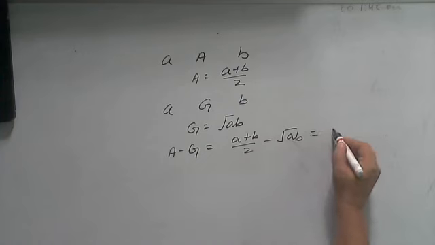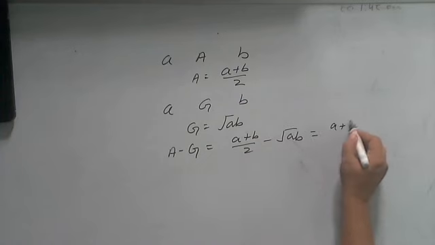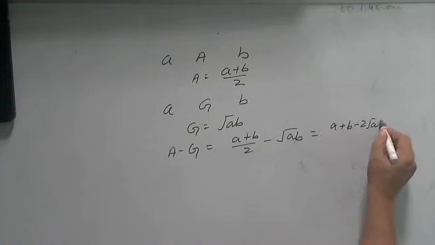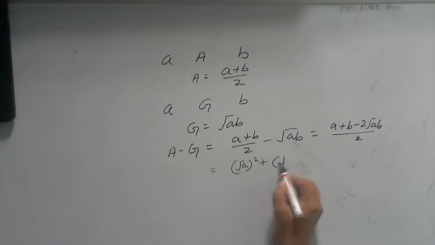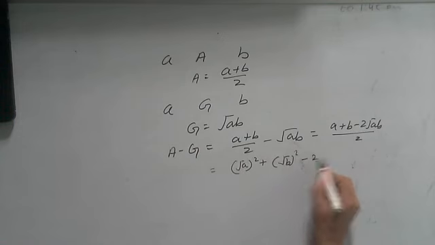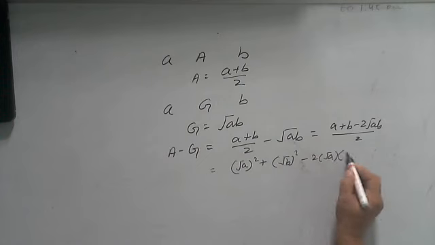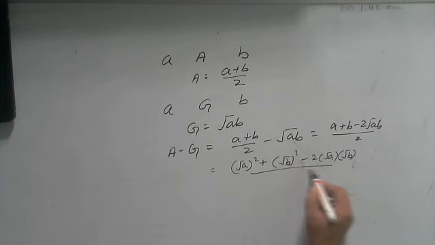You can write it as (a plus b minus 2 root ab) upon 2. We all know you can write a as (under root a) square plus b as (under root b) square minus 2 root a root b, upon 2.